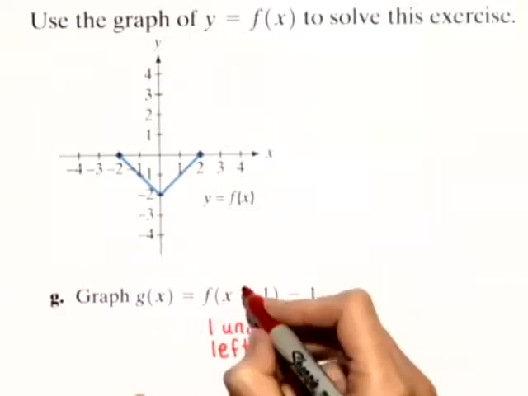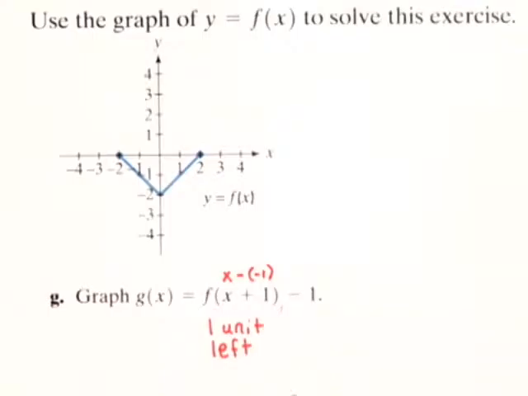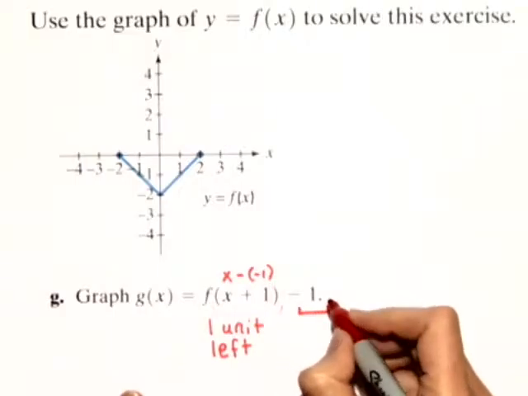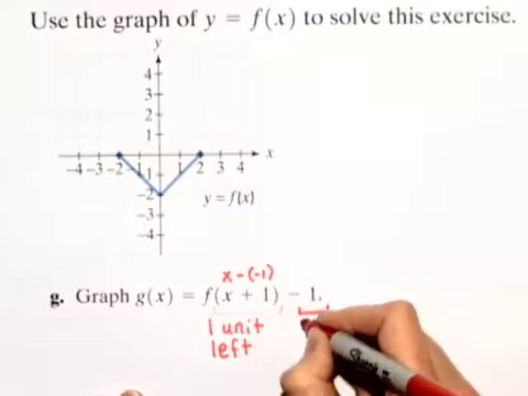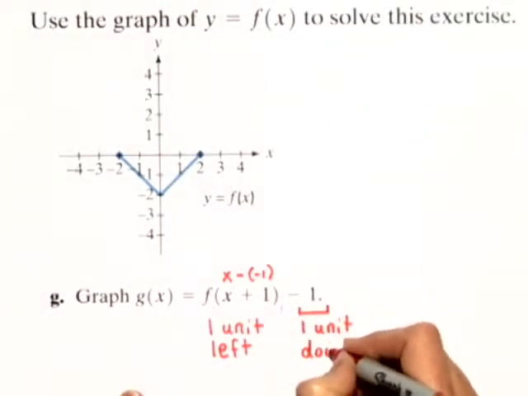I know it says x plus 1, but we need to think about it as x minus negative 1. In other words, if it says x plus 1, it's a shift 1 unit to the left. If it had said x minus 1, it would have been a shift 1 unit to the right. We also have a vertical shift right here with this negative 1. In this case, this is a vertical shift, and it is 1 unit down, just like it says.